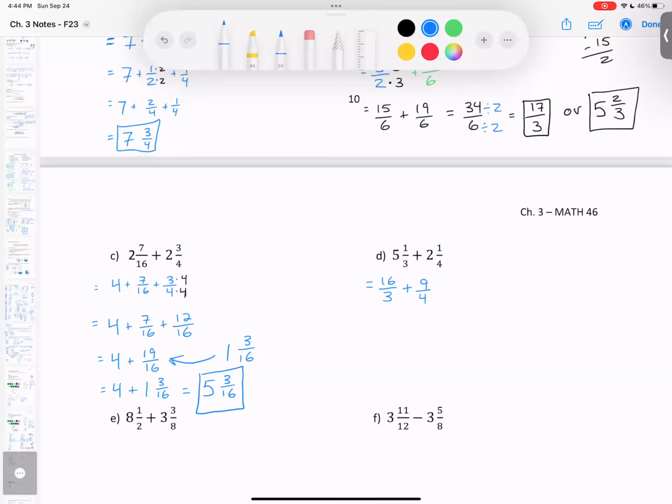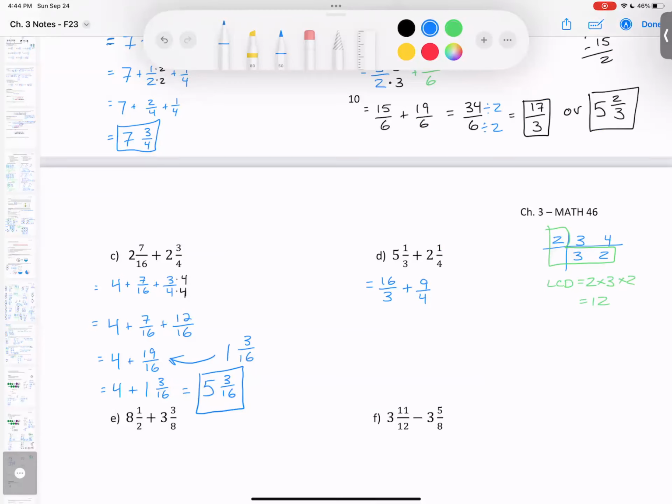9/4. Okay, we're looking for a common denominator of 3 and 4. And that will be, well, let's do it with the division method. 3 and 4. We can take out a 2 there, and we're already done. Our LCD here would be 2 times 3 times 2, which is 12.